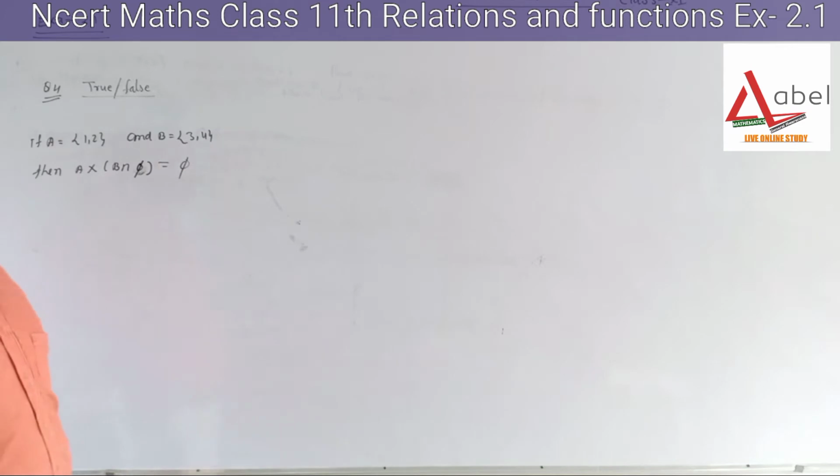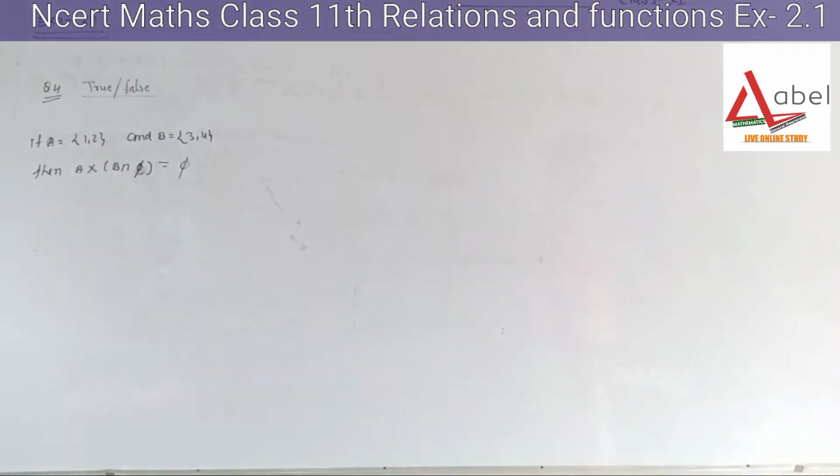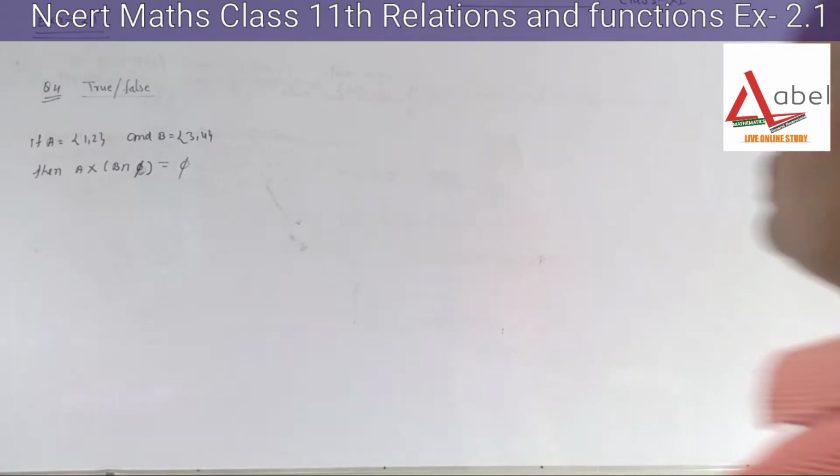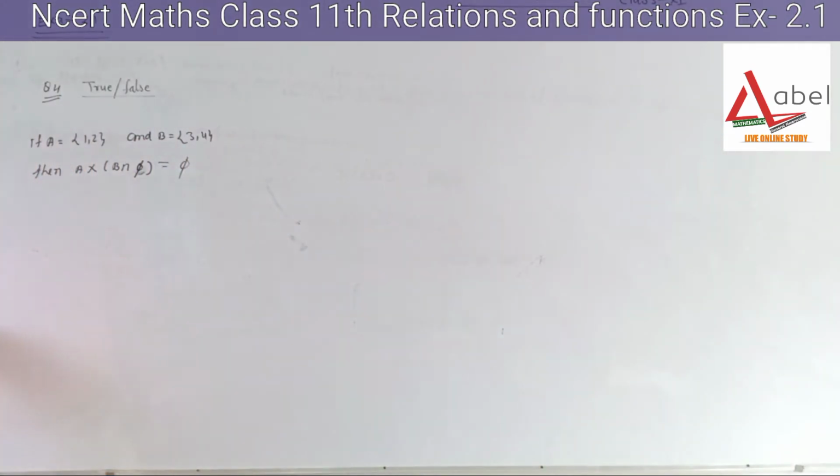Is it true or false? Let's see, we don't know. So how can we solve it? Firstly, you have to read the question. Please watch this question carefully, and think about whether your answer is correct or not.